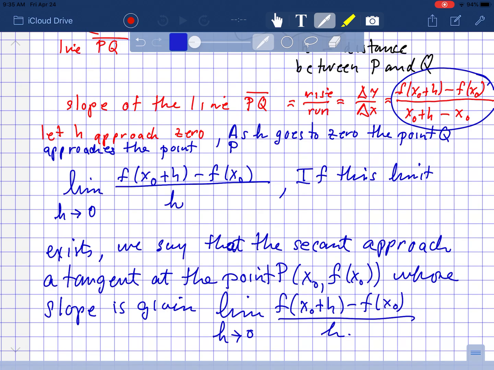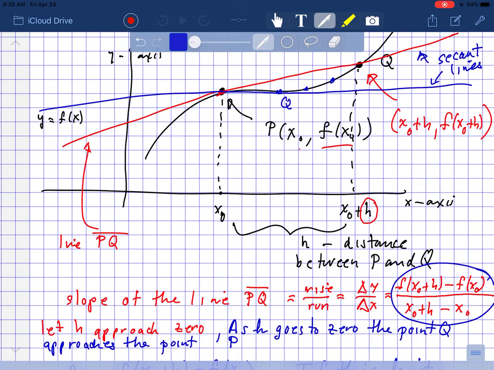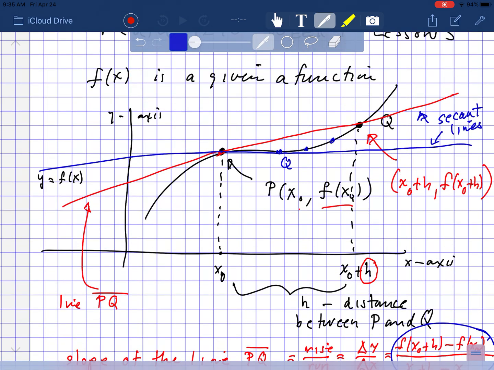All right, so let's go back to our picture up here. And now what's happening as this point Q gets closer and closer to the point P, the slope of these secant lines determined by the point P and Q, those slopes are getting closer and closer to some number, which we call the slope of the tangent line to the function f of x at the point P. And so let me draw that.